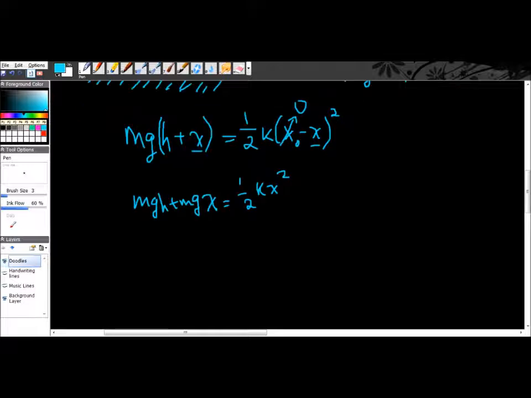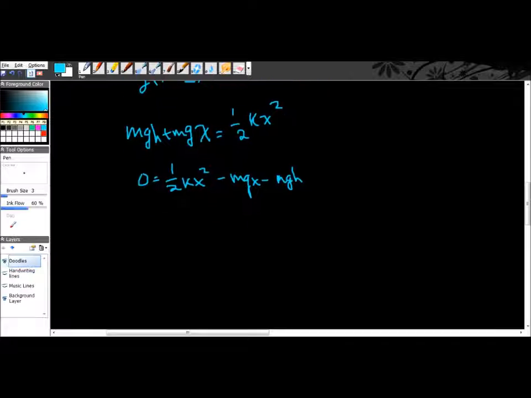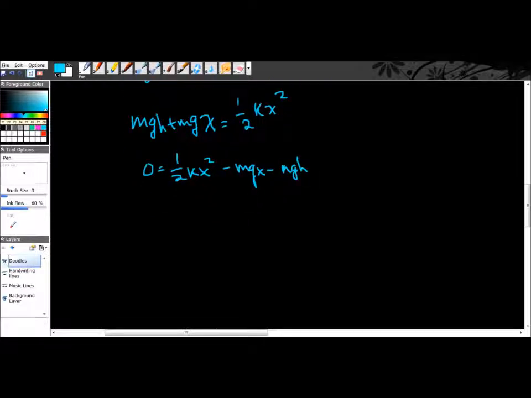So we have a quadratic equation here. 0 equals 1/2 kx squared minus mgx minus mgh. Okay, so with this quadratic equation, we can plug in numbers and then solve.